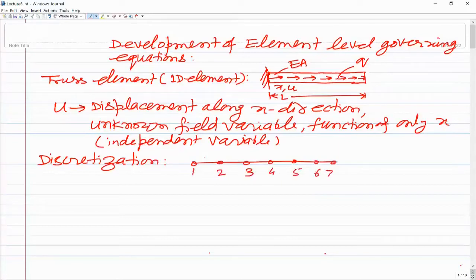Element 1 is defined between global node 1 and 2. Inside the circles I am putting the element numbers. So this is 2, this is 3, this is 4, this is 5, and this is 6. These, without the circles, 1 2 3 4 5 6, are the node numbers, the global node numbers, and what I have written at the top are the element numbers.